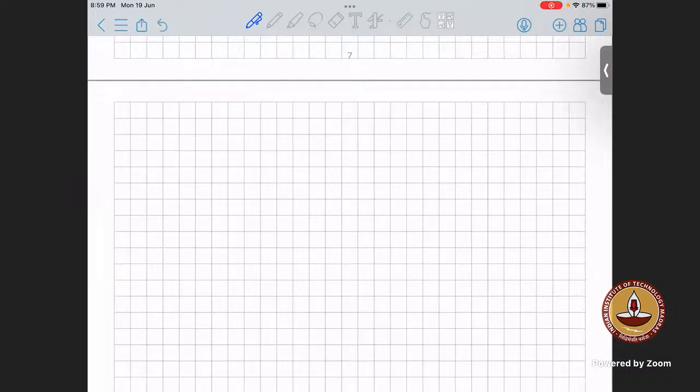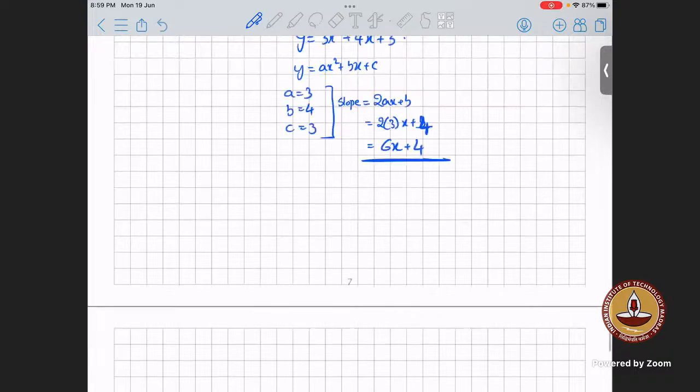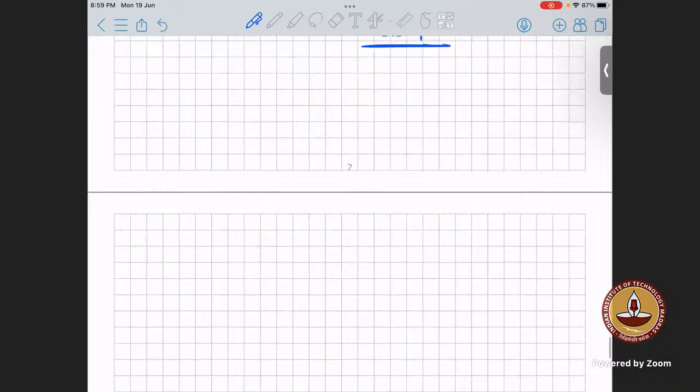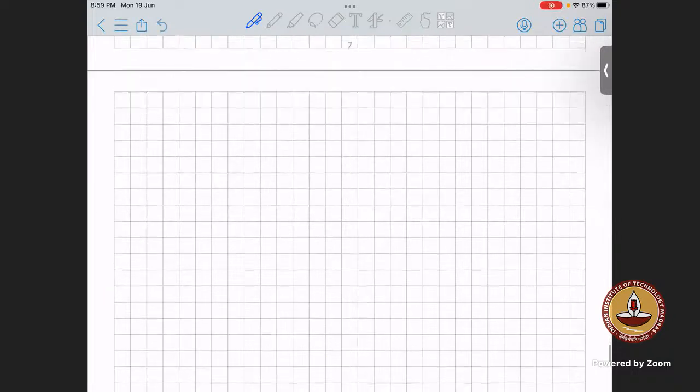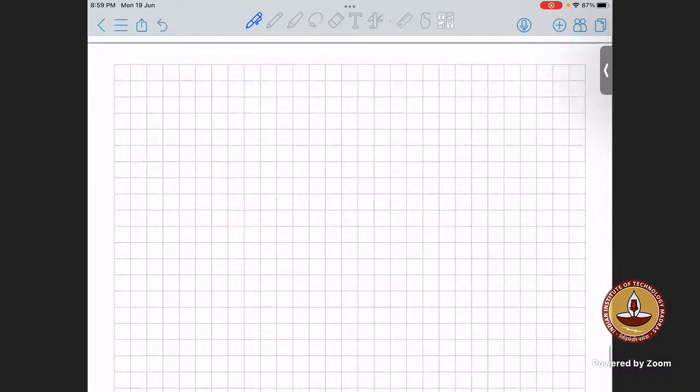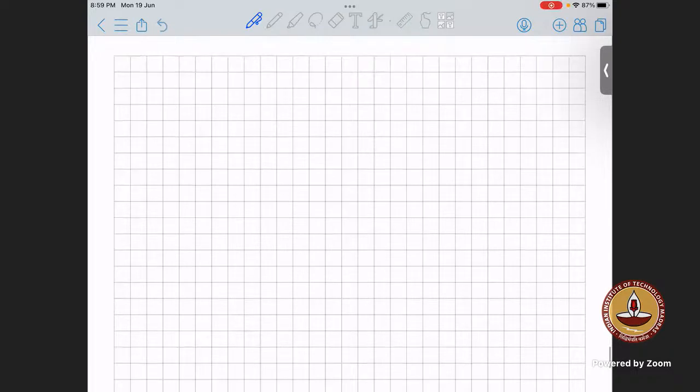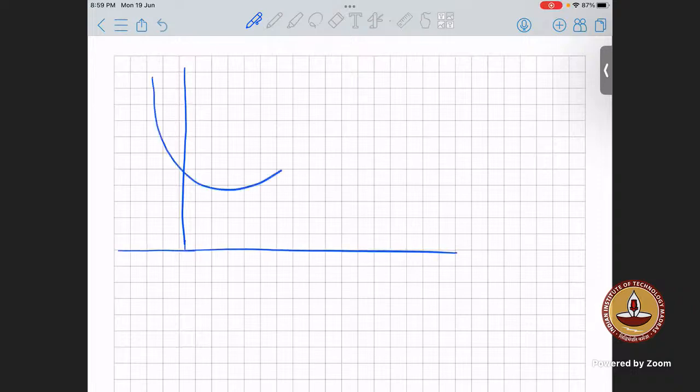Can anyone tell me the use of the slope? The use of slope is that it can give an estimation of which line is the best fit. In the case of a parabola, I am asking. For suppose this is a parabola.